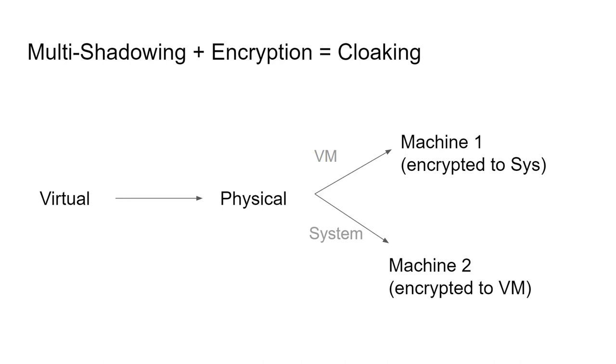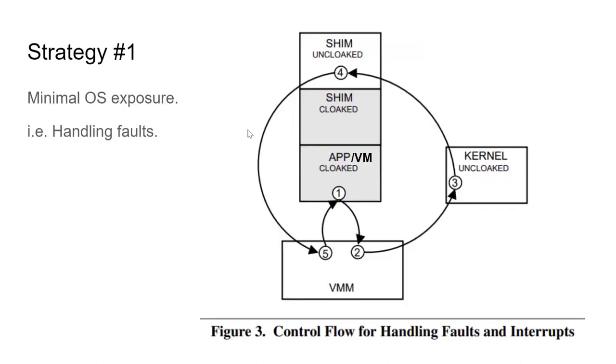So let's dive into the Overshadow architecture and how it implements these three strategies I mentioned earlier and security precautions that come with each. So first, this is where the OS is excluded from any information other than the directions to complete its task. To understand this, the architecture must be equipped with a shim, as seen in this diagram here.